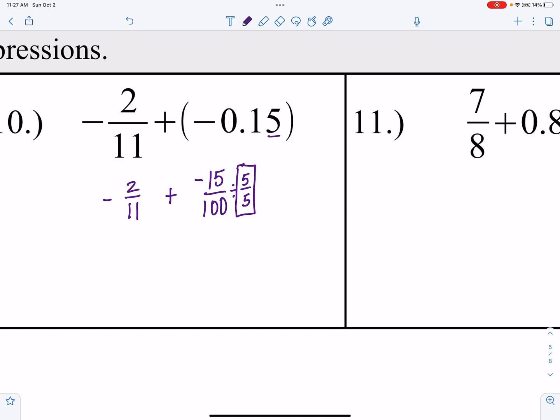So what times 5 is 15? That is 3. That's still negative. And then 20 times 5 gets me 100. So I made a new number here that at least makes it a little easier to solve. So I'm going to do a rewrite here.